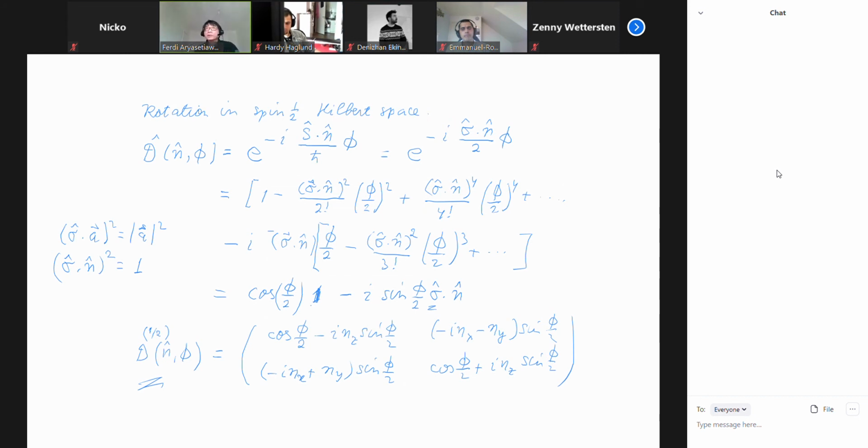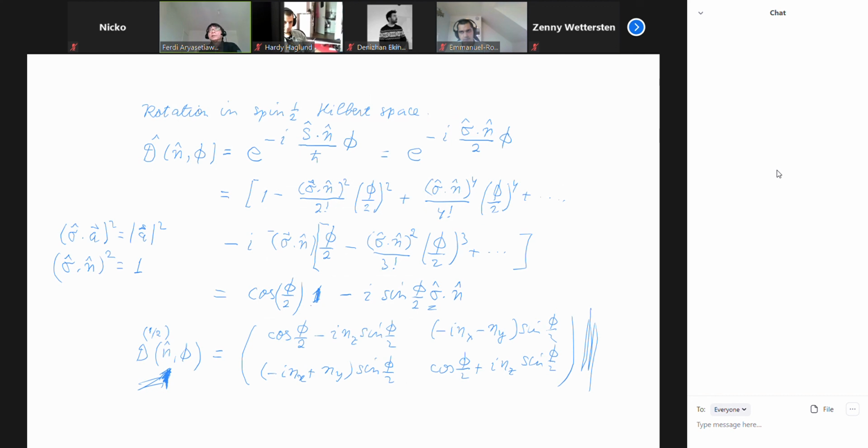We know, of course, there are the eigenstates along the z direction, but what happens if we want to know the eigenstates along an arbitrary direction in space? The easiest way is just to diagonalize this matrix here, because that will give us the eigenvectors along an arbitrary direction n, and angle phi here.